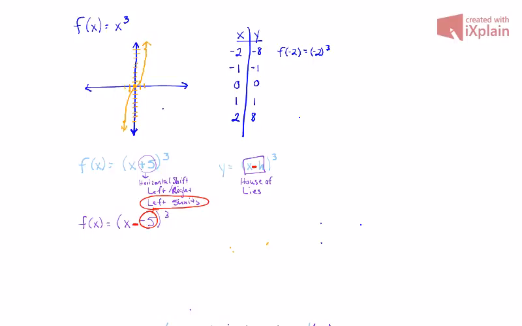Okay, so we're going to go ahead and graph this now. We're going to graph our x plus 5, cubed. And again, I'm going to work with that basic table, the same one that I generated above: -2, -1, 0, +1, and +2.